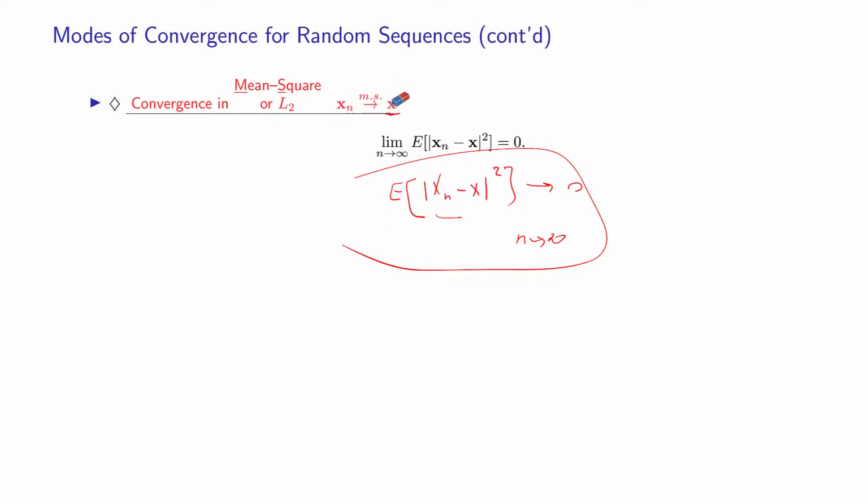This is a notation, and this notation means this definition, so these two are equivalent. This notation is an abbreviation for this sentence, and it means this mathematical definition. Convergence in the mean square sense is heavily used in estimation and in lots of applications.